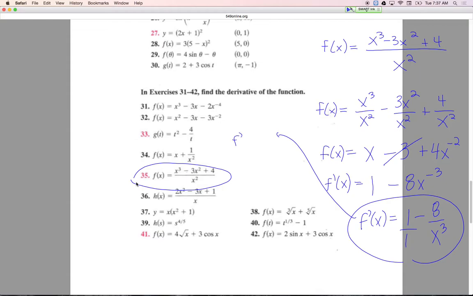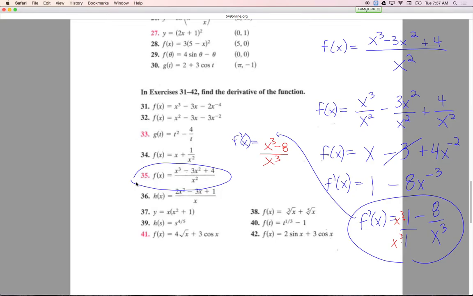So then f prime of x is really, well, the common denominator would be x cubed, right? So I'd multiply the top and bottom of this one by what? X to the third to get a common denominator. So then your final answer would be x to the third minus 8 all over what? So sometimes they'll do that and they'll put the answer back together.